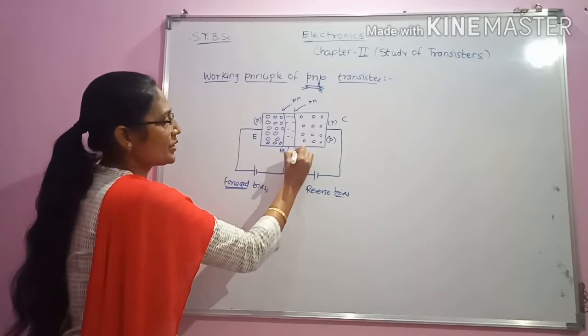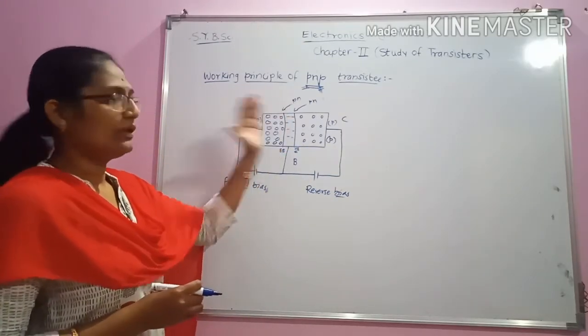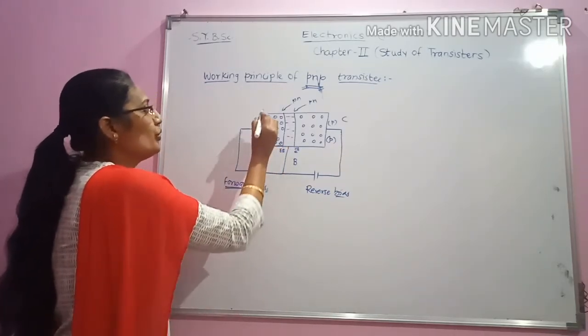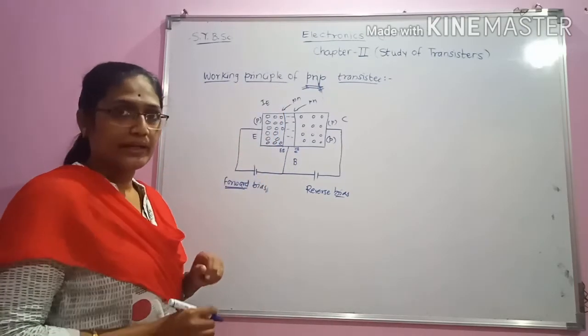This is the collector base junction. They start to migrate through the base, and when they move, they generate a current which is called the emitter current, IE.